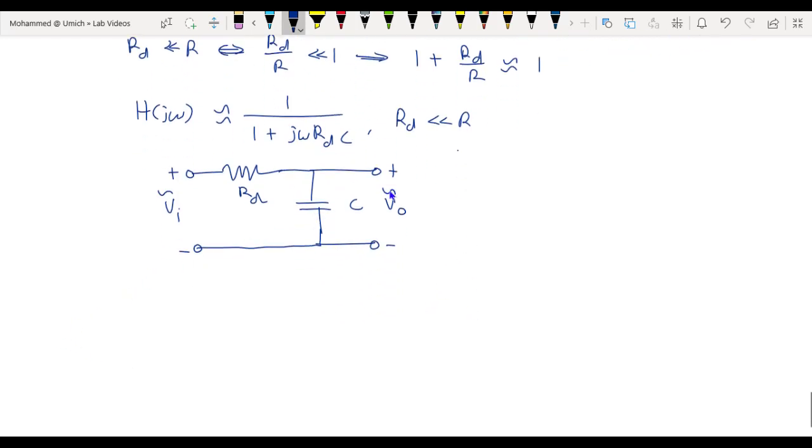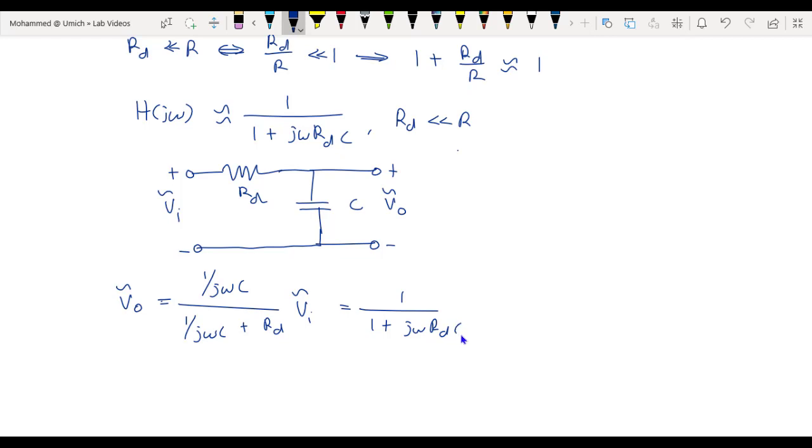If I use voltage division, I get V_out phasor equals this impedance 1 over j omega C over the total impedance, which is 1 over j omega C plus R_D, times the V_in phasor. And if I multiply top and bottom by j omega C, what I'm left with is 1 over 1 plus j omega R_D times C times V_in.